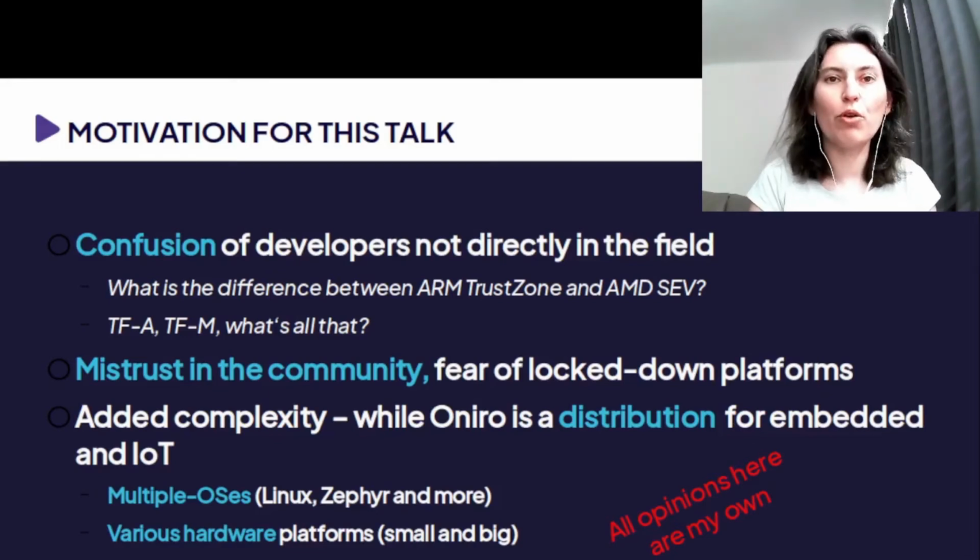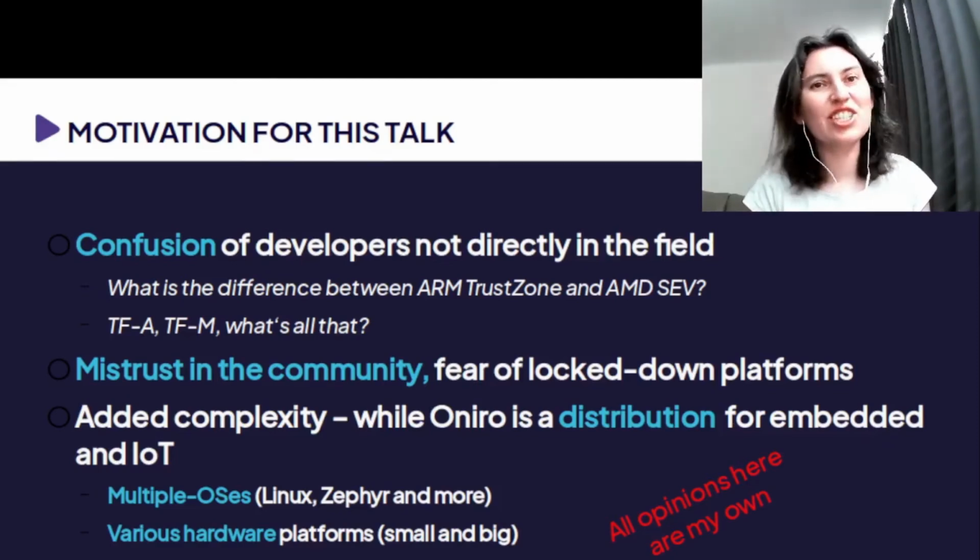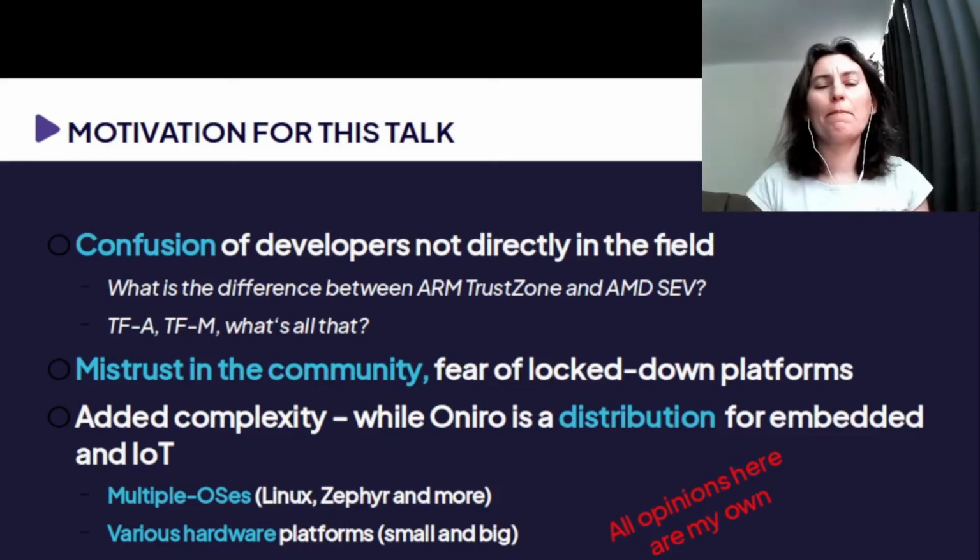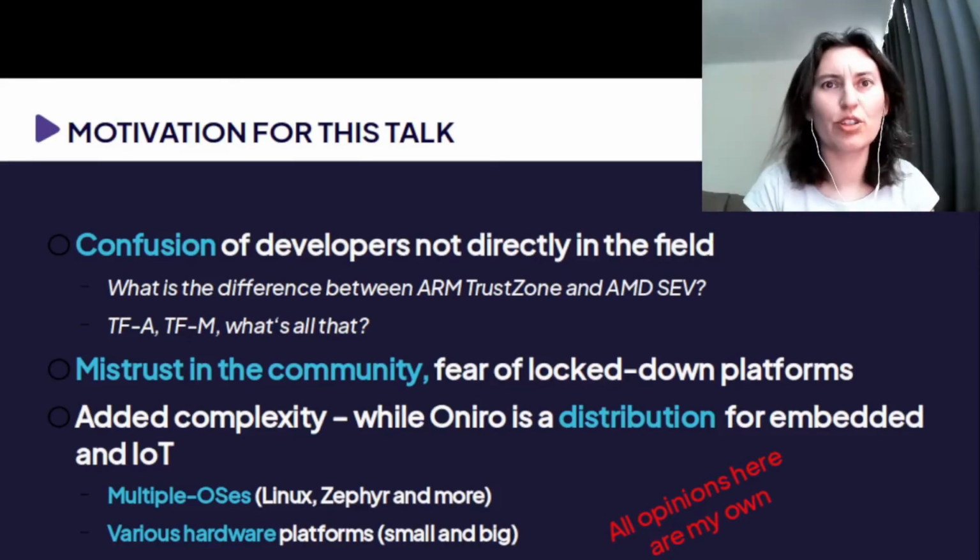Confusion of people who are not directly working with the Secure Boot technologies. The reason for that is that there are quite many abbreviations, different technologies from different vendors, and it could be somewhat complicated to figure out which solution is which when you are not following it directly.